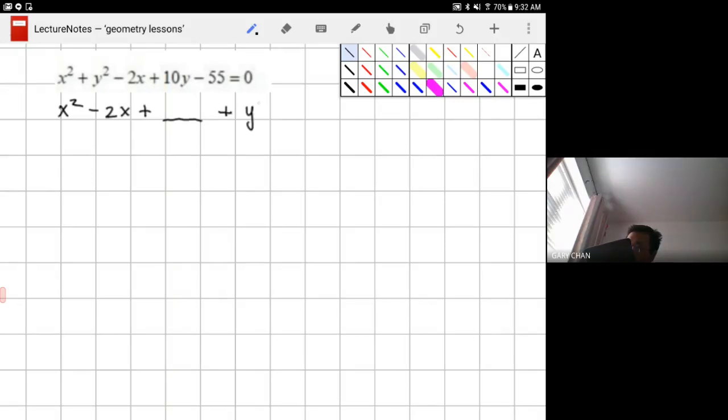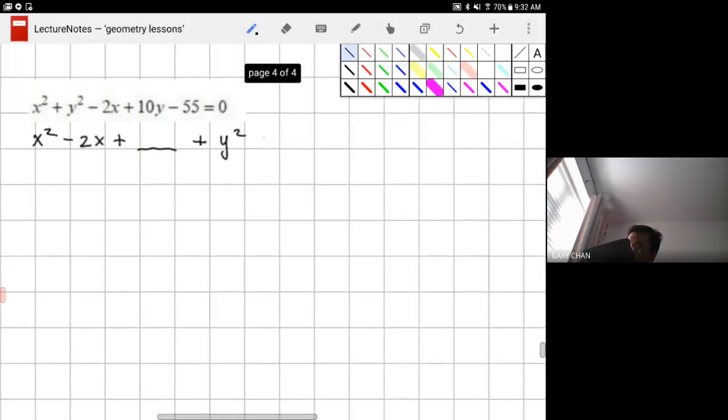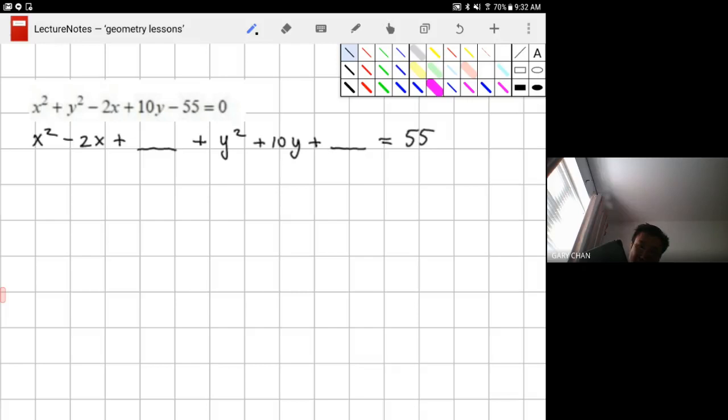I have y squared plus 10y plus, and I'm going to leave a blank space there. And the last number, negative 55, we bring over to the other side, and it turns into a positive 55. Cool? All right. What was the next step in figuring this out?